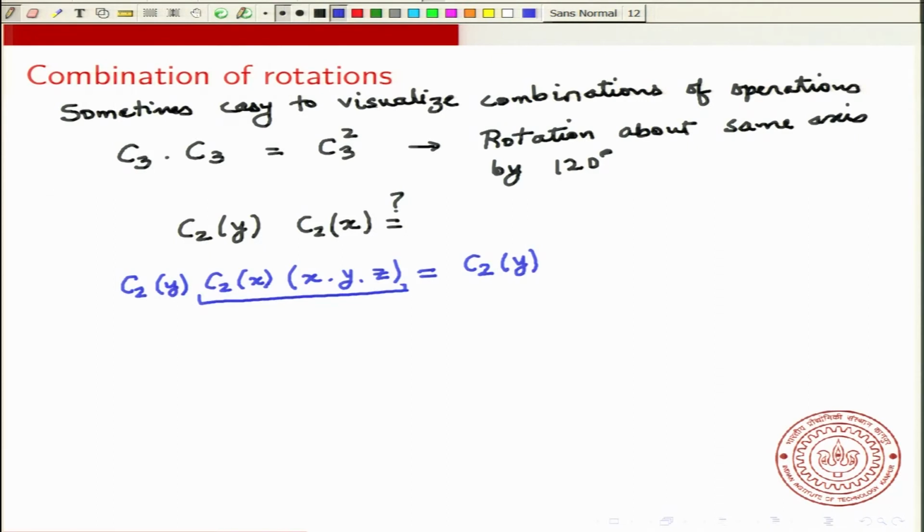Now, I am just doing this part. So, this will give me x, it will keep the x coordinate the same and it will change the y coordinate and the z coordinate.